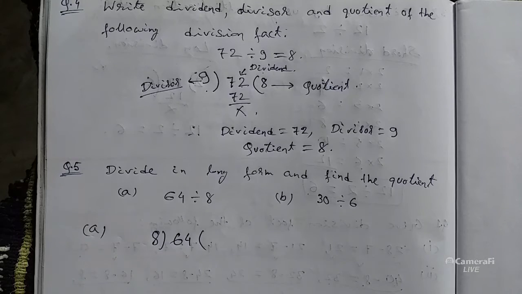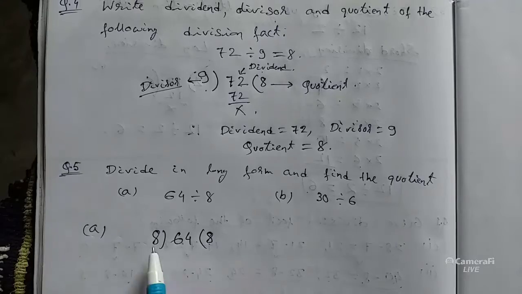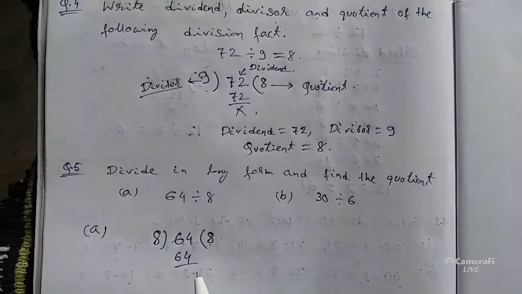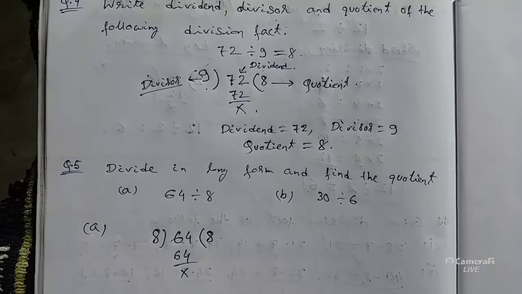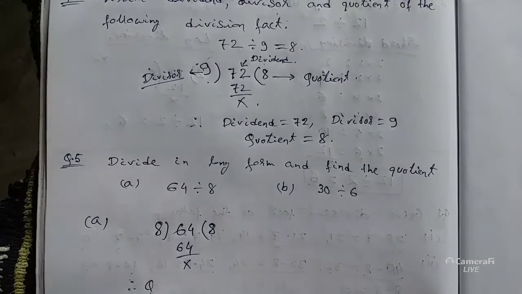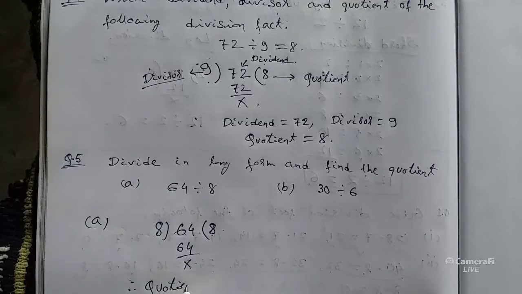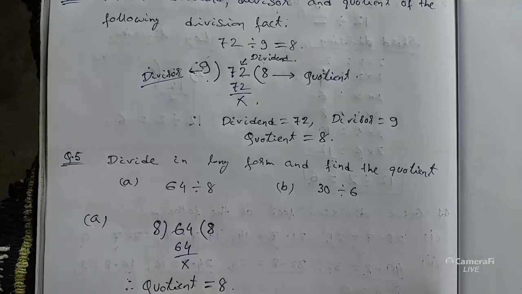So we are getting 64 at 8. 8 8 ja 64. This is complete, and we get the quotient. Therefore quotient equal to 8, the result.